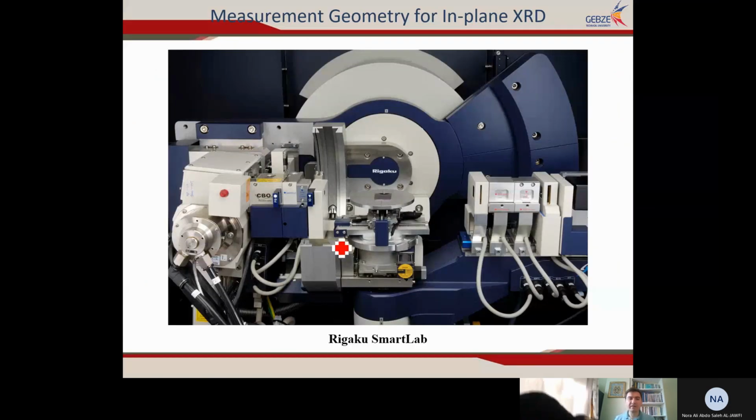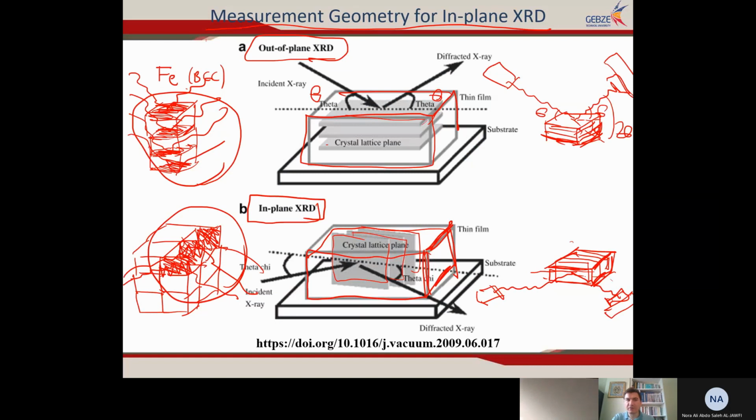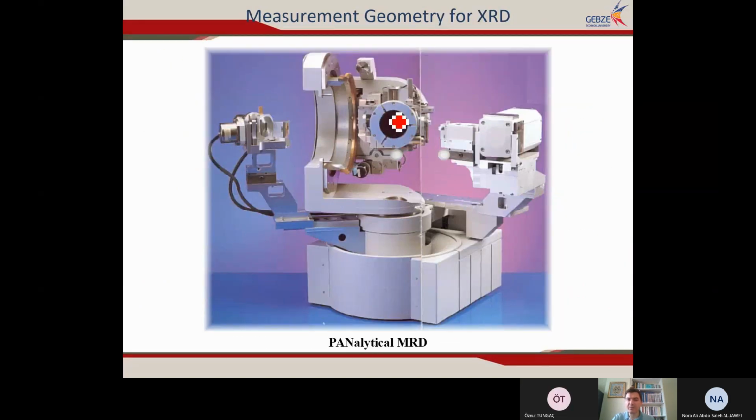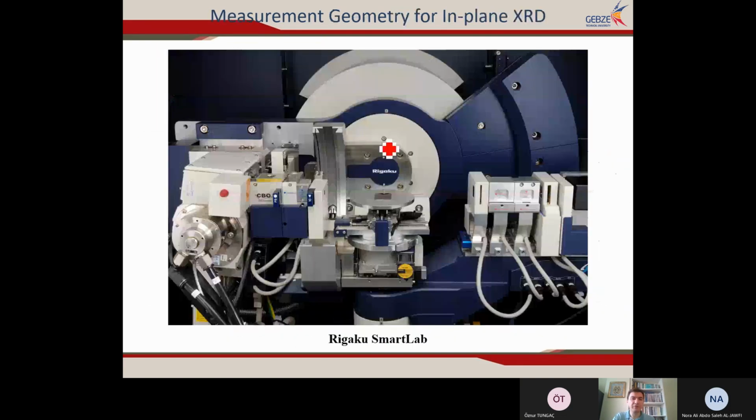Here you can see a diffraction geometry for the in-plane XRD experiments. Actually, here I have shown you a diffractometer for the out-of-plane X-ray diffraction experiments. The same diffractometer can be used for out-of-plane X-ray diffraction geometry, and also for in-plane X-ray diffraction geometry. To give you more information about diffractometers, I would like to show you a different diffractometer, the Rigaku SmartLab, which is also present in our laboratory.